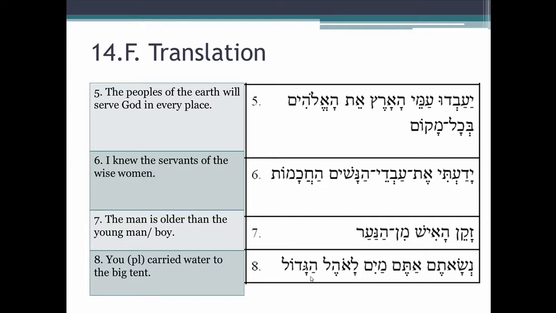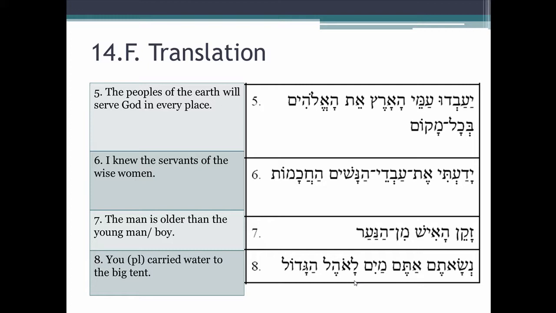So this is a little tricky, because you might be thinking construct relationship. Another clue is the presence of the preposition, the prefix preposition. That's not going to happen on a construct noun. What you have here is the definiteness given by the definite article.